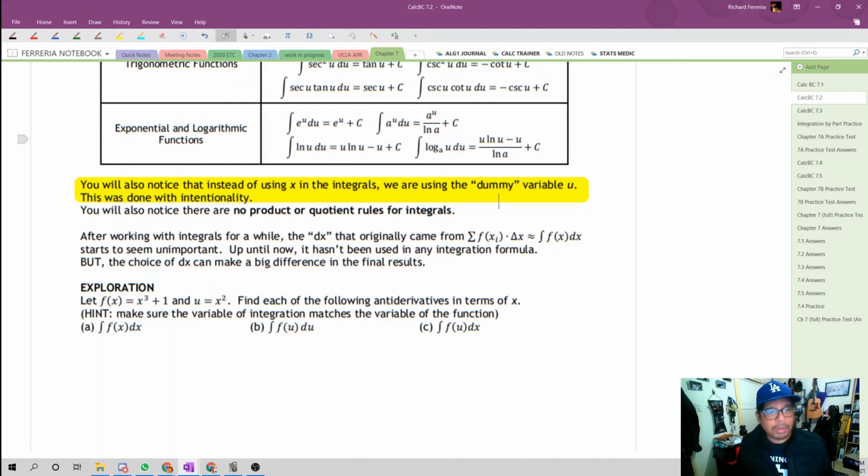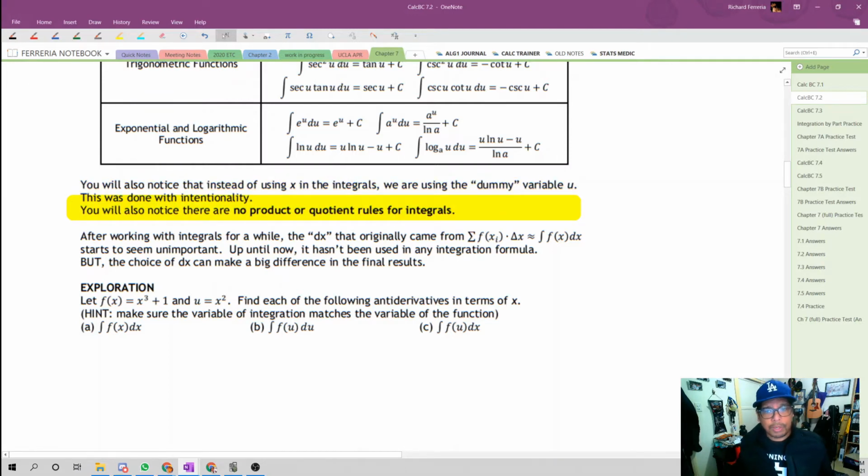The other thing to notice is that there is no product or quotient rule for integrals. I always say this in class, and it's really important: if you are integrating a product, two functions multiplied with each other, and you have a rule for it and you do something, you're doing it wrong. There is no product rule for integrals. Same thing with quotients.